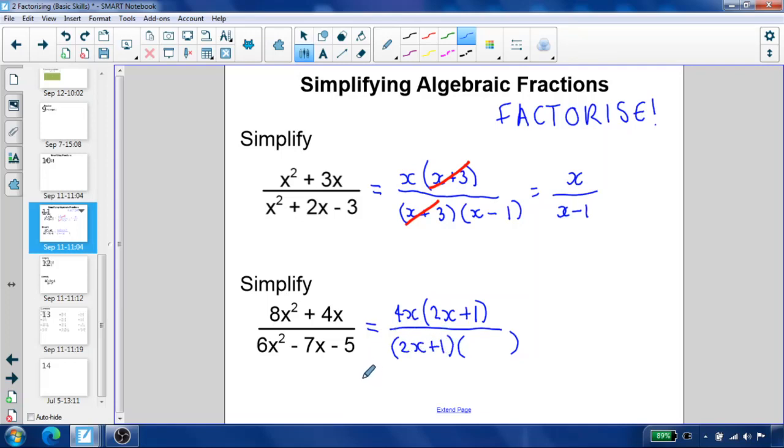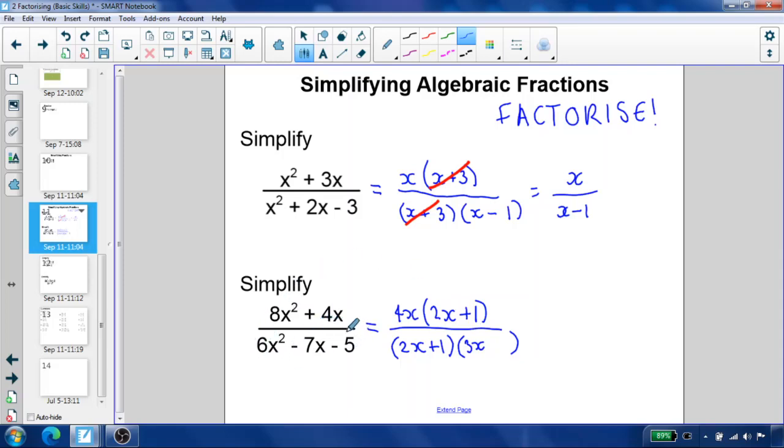That has helped reduce time and reduced having to use trial and error, because this 6x squared can be split into 6x and x, or 2x and 3x. So we know the other bracket must start with a 3x to get 6x squared.